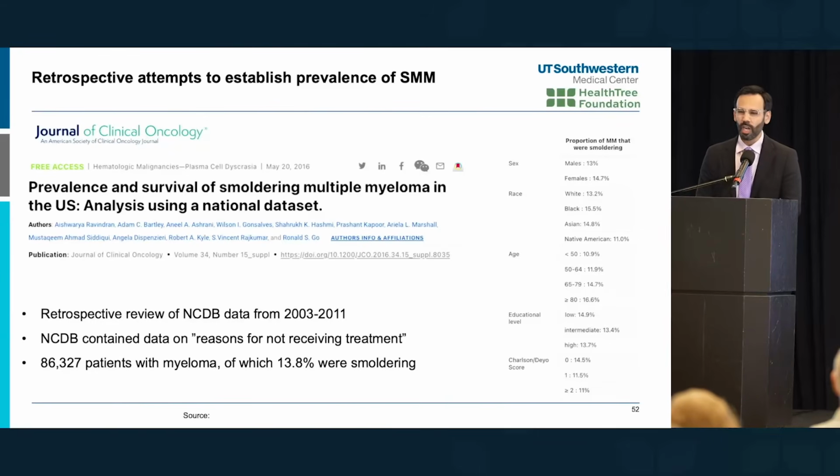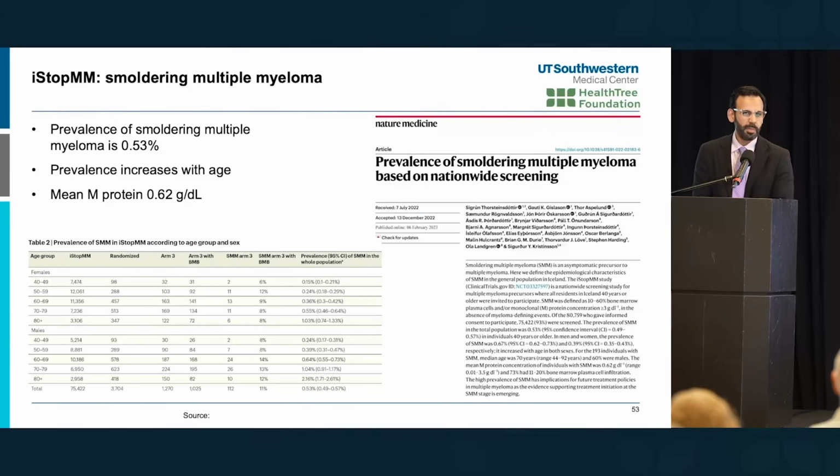So how common is smoldering myeloma? Data will differ, but this is one study that looked at that question. It looked at the National Cancer Database from 2003 to 2011. And basically there, in this kind of limited data set, they saw that of all comers with myeloma, roughly 14% were of smoldering disease. And that was kind of the best data that we had until the iStopMM, which made much more of a population-based comment on that.